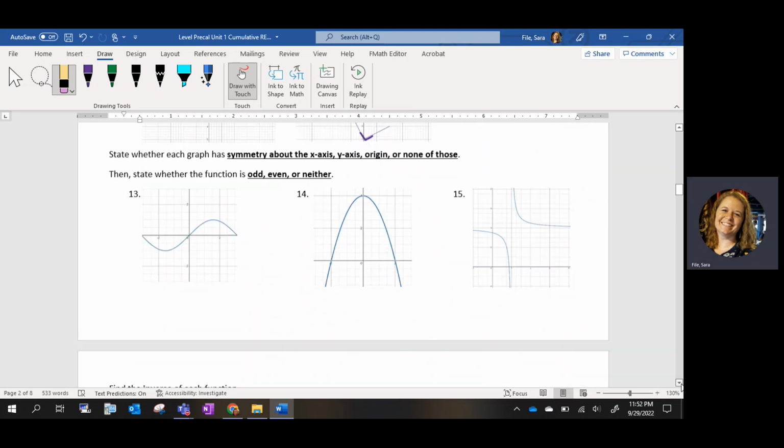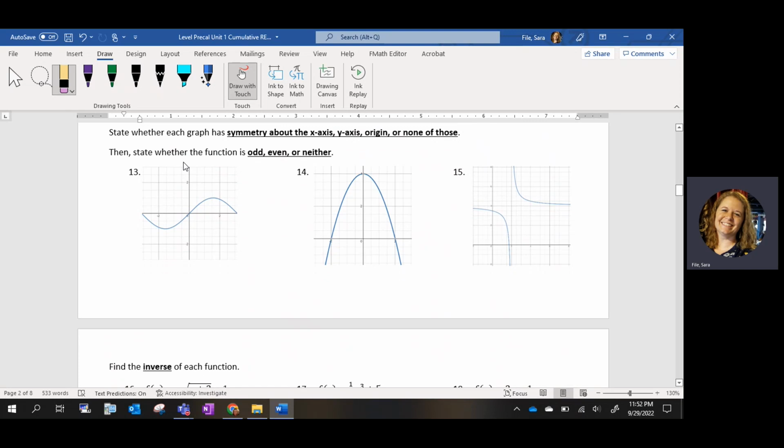All right, now symmetry. We also talked about this in the test corrections. Remember, we are focusing on if the graph has x-axis, y-axis, or origin symmetry, or none of those. Okay, it can be none of those. So x and y-axis symmetry are line symmetry. It's like if I fold it on one of those axes, does everything align?